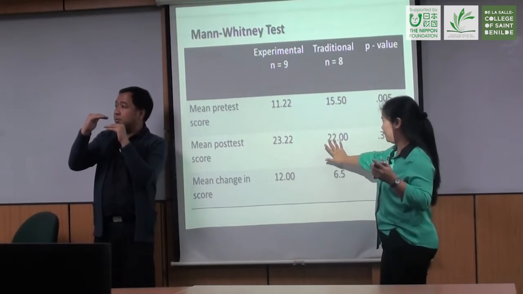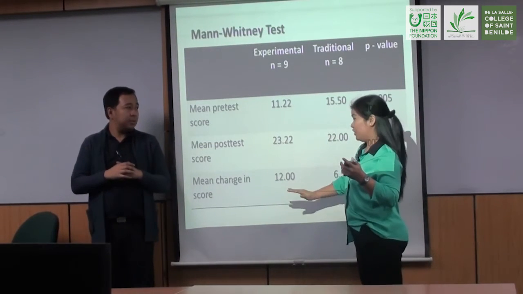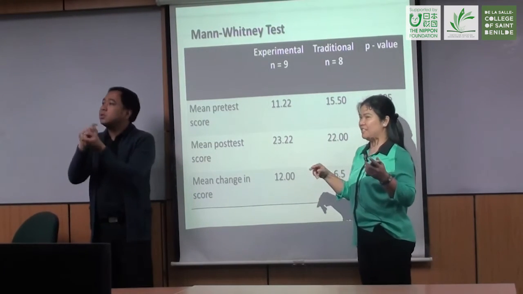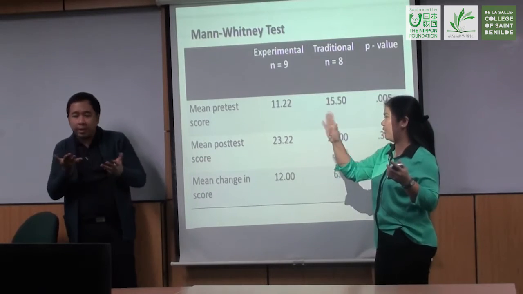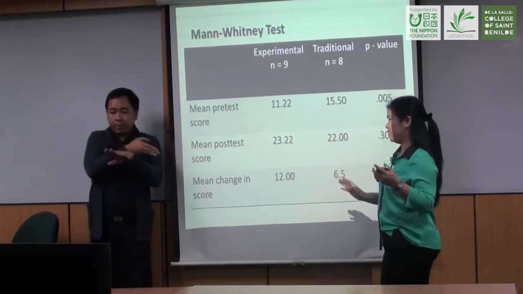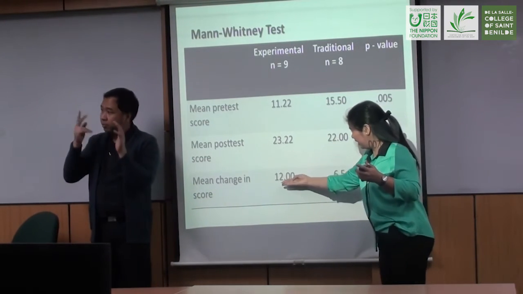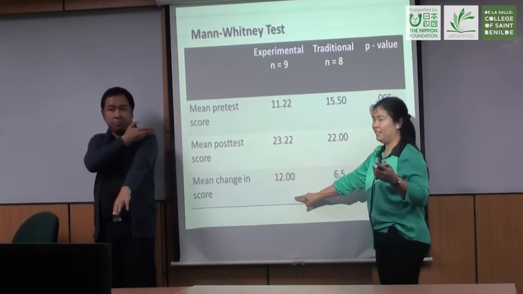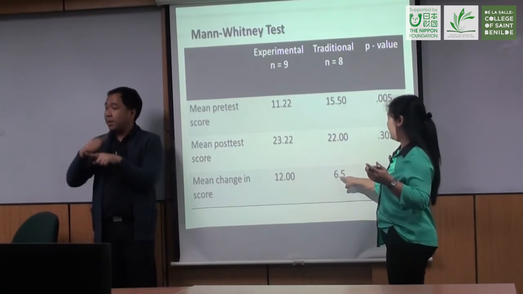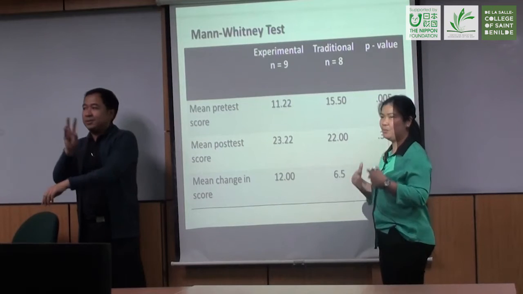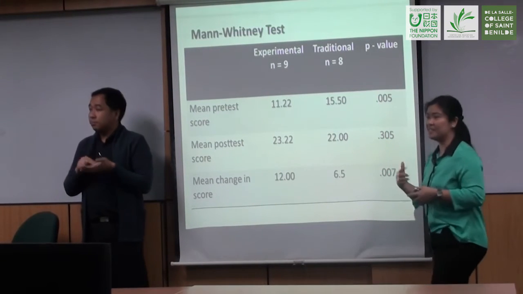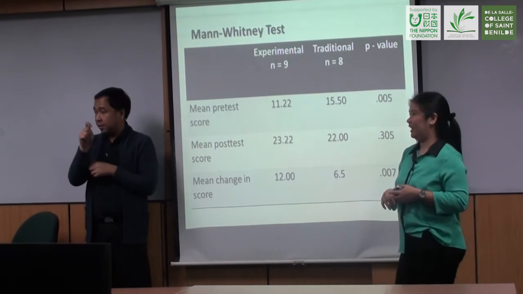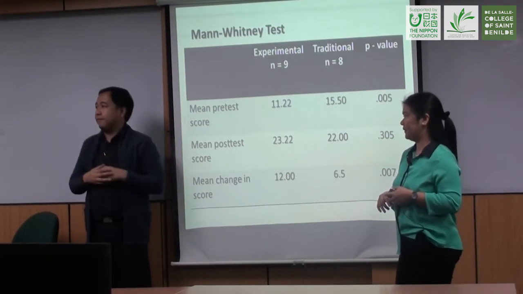But it's not about that; the focus is the change, the increase of their score from pre-test to post-test. As you can see, in experimental, it has 12. While in the traditional, it's just 6.5. So there's a large difference. So you can say that the ATP is effective.